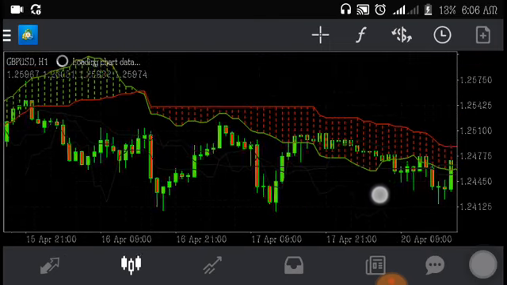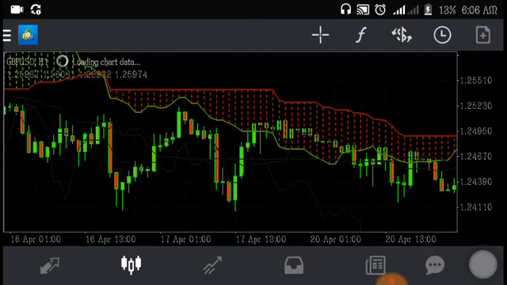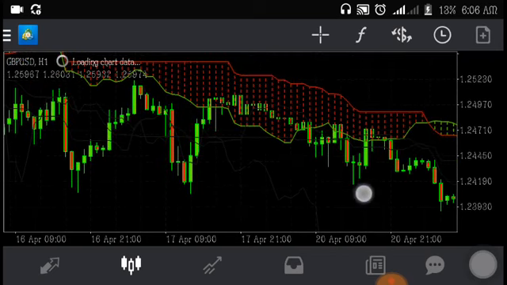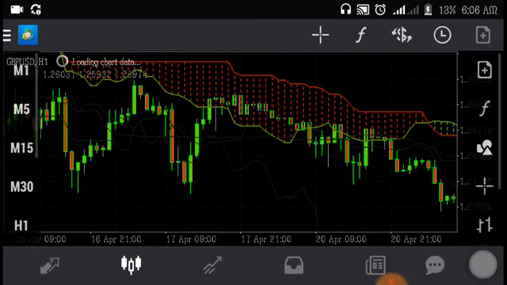I think the month of April wasn't a very good month, but let's see. I think we'll go into this trade here at the close of this candle, because it's a continuation trade.